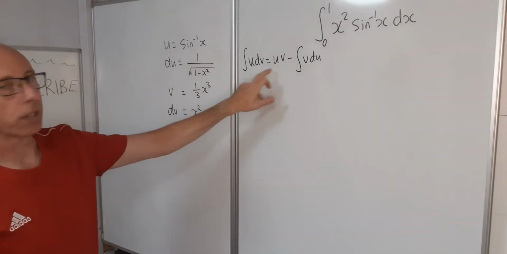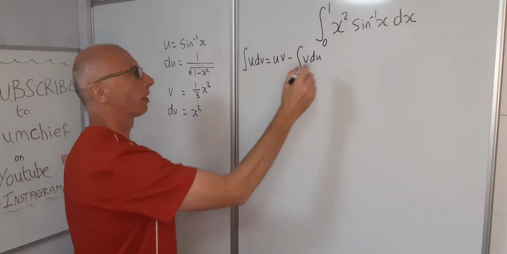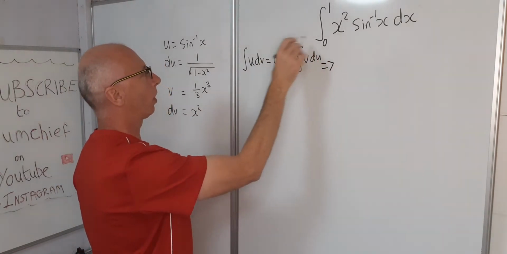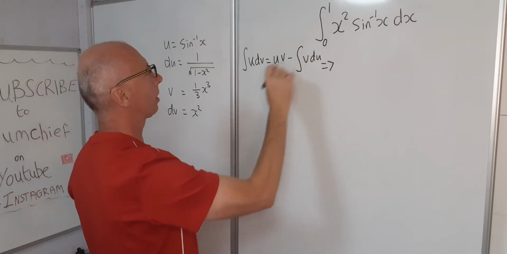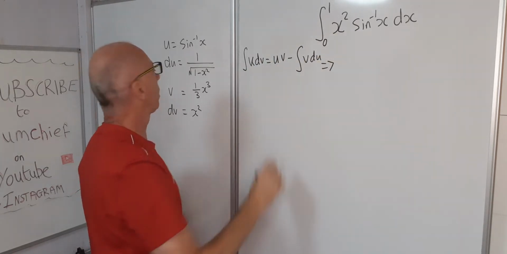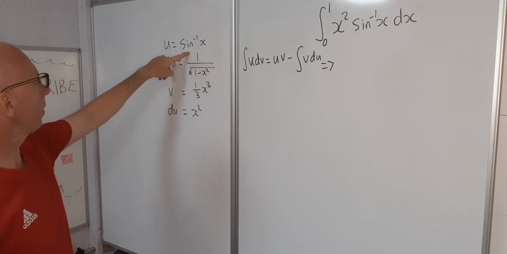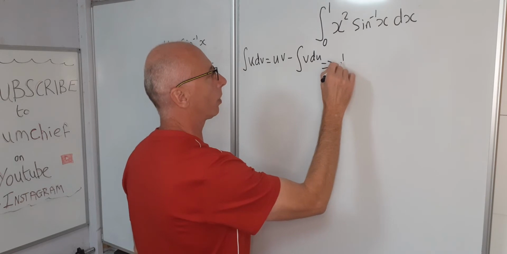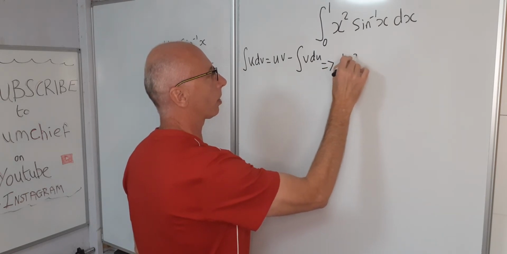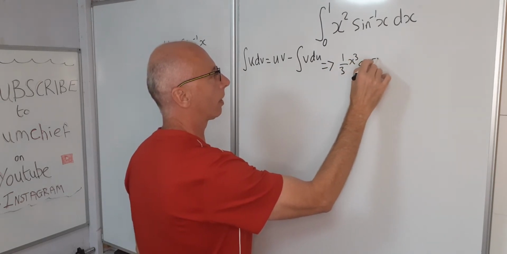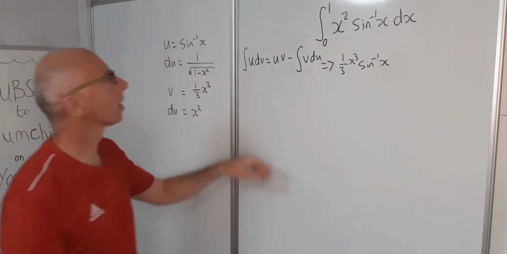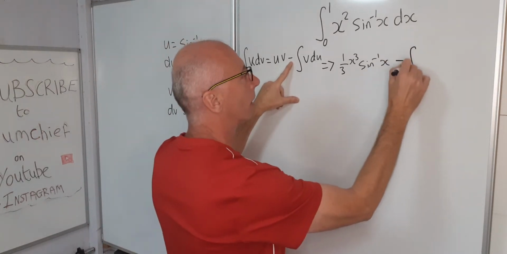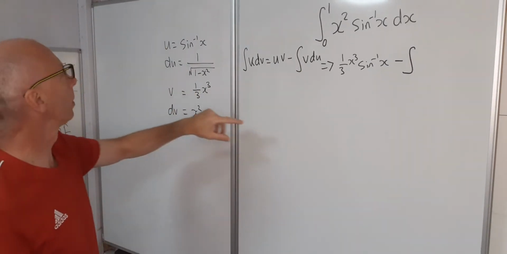Okay, so let's plug that in here now and see what we end up with. So this equals, from 0 to 1, uv, so u times v, that's inverse sine of x times 1/3 x cubed, so that's our uv, and we're going to subtract another integral, v times du.